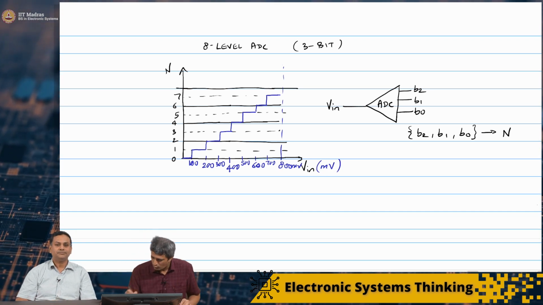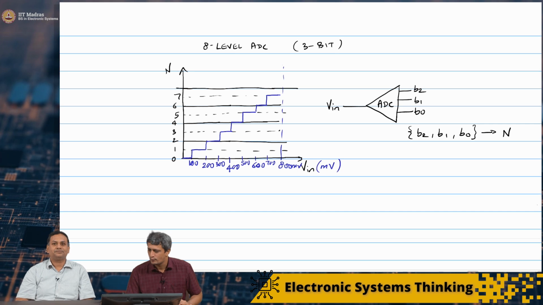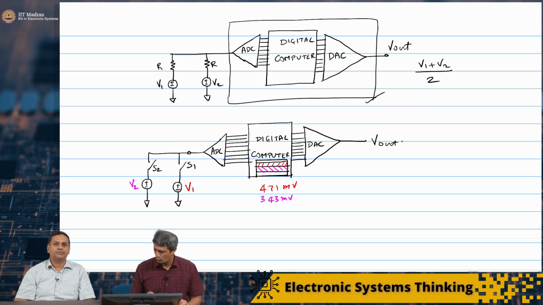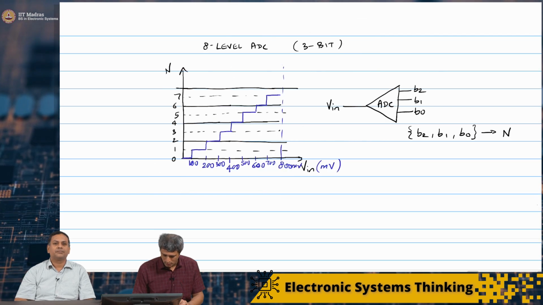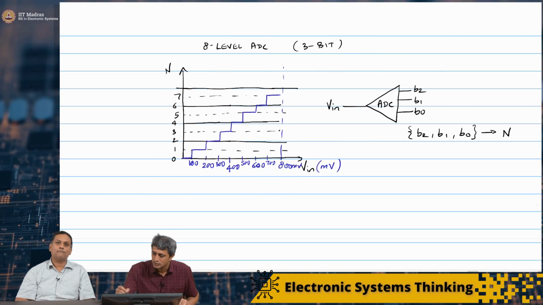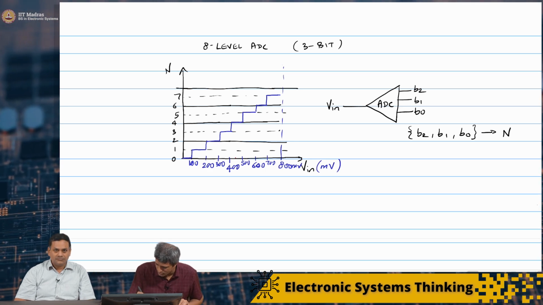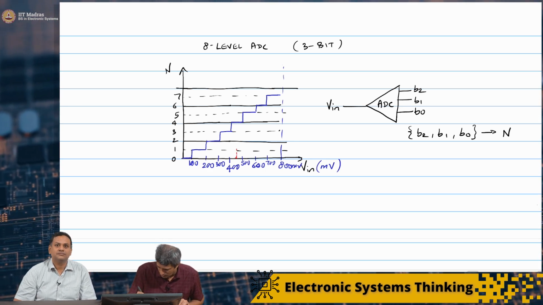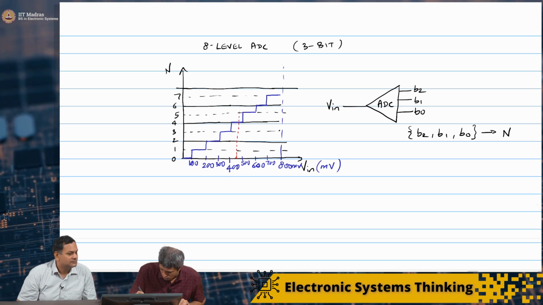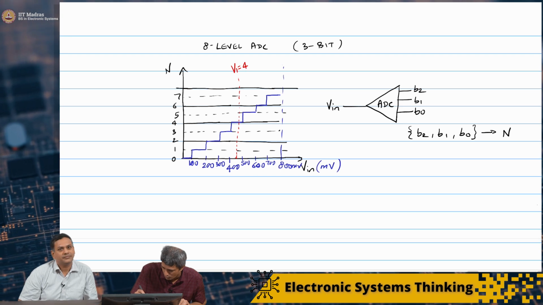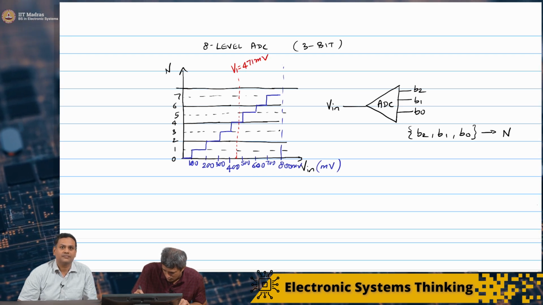Now we have two input voltages, 471 millivolt and 343 millivolt. We have 471 millivolt, which is somewhere here. This is my V1, 471 millivolt.